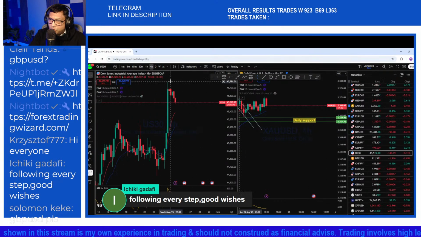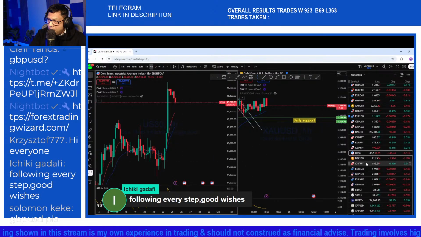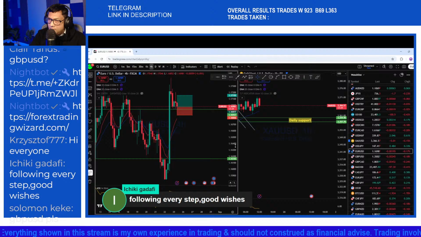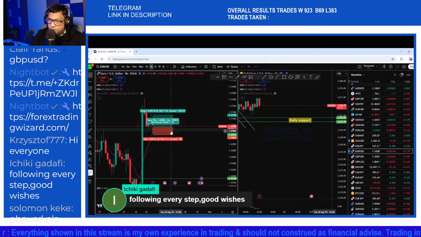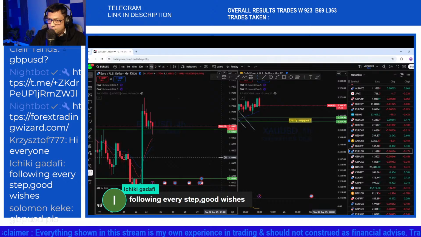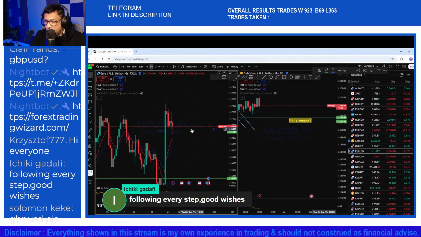US 30 is showing that it is slowly trying to break below. Euro dollar.